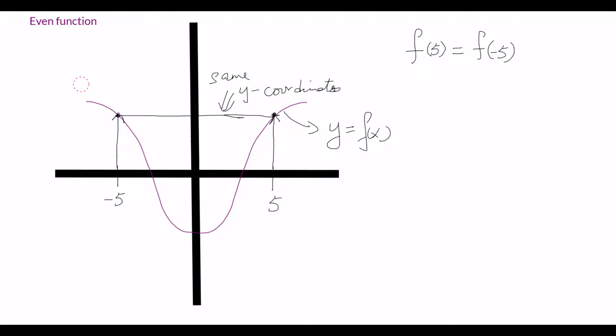And if it is an even function, this is always true for all real values of x. It means not just 5 and -5. If you take the other point, for example here, maybe this one is 1.5, the opposite will be -1.5. And then if you trace back here, these two points should have the same y coordinates.